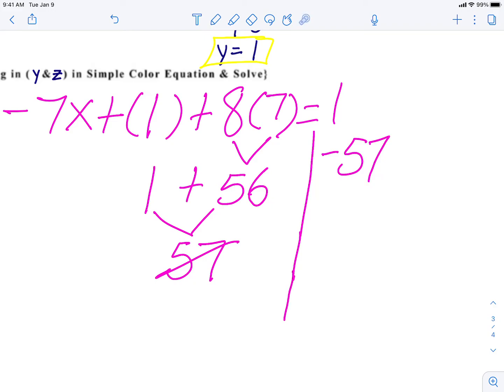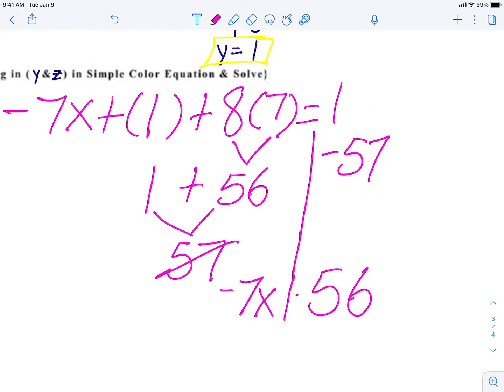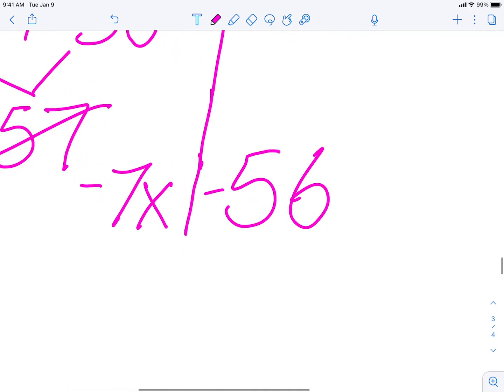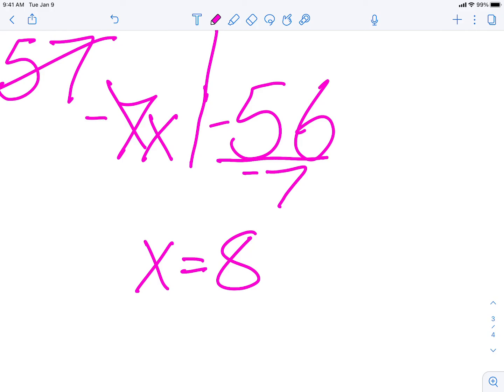So I'm left with negative 7x. And a positive 1 and a negative 57 are different signs. 57 minus 1 is 56. Negative. And the opposite of multiplying by negative 7 is dividing by negative 7. So I get x is equal to positive 8. Negative divided by negative is positive.